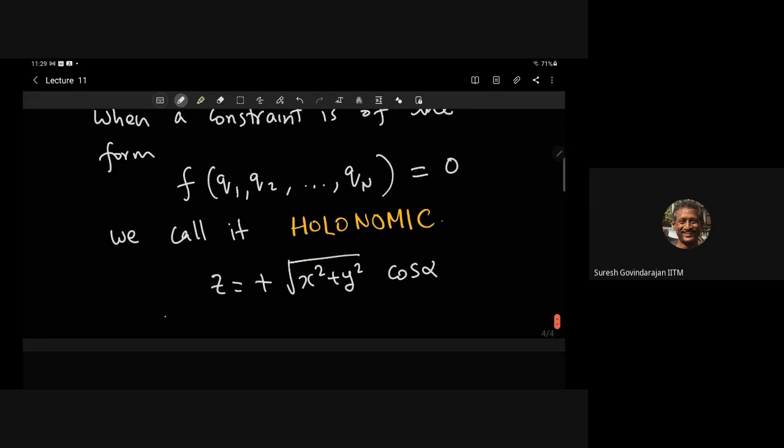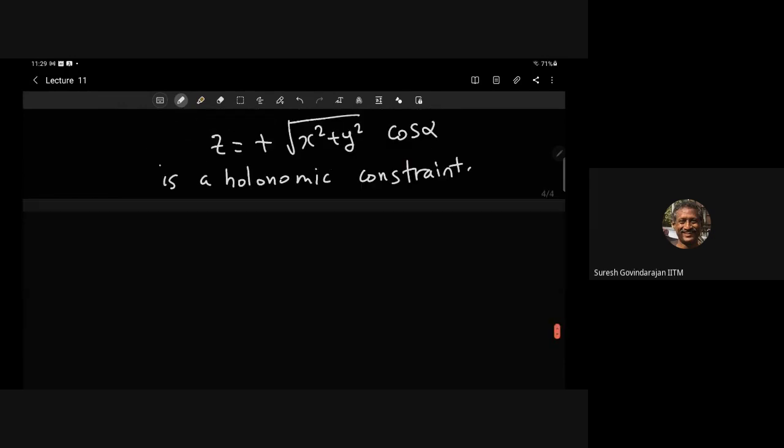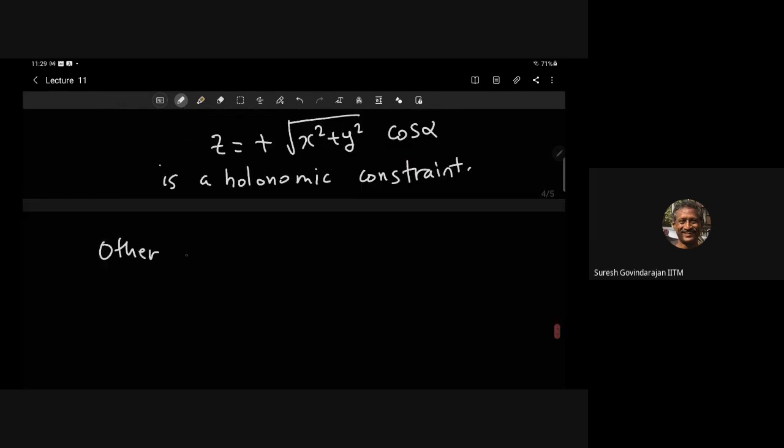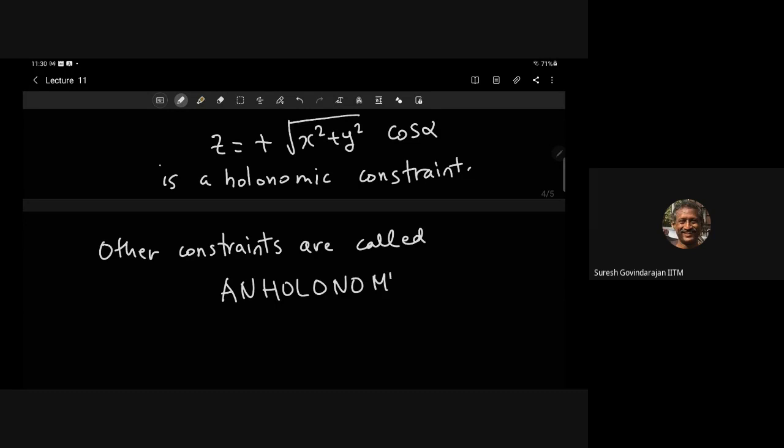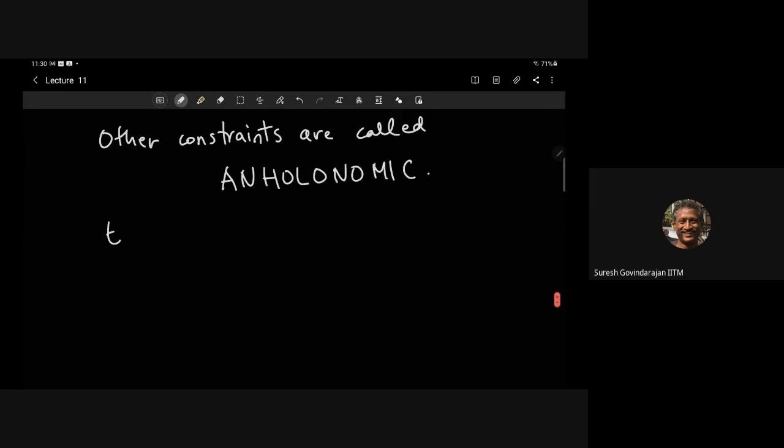It's a holonomic constraint, right? Other constraints, we'll just call non-holonomic. There are more detailed discussions you can look up in a book. I'm not interested in them at this point. So we'll give one example of a non-holonomic constraint.